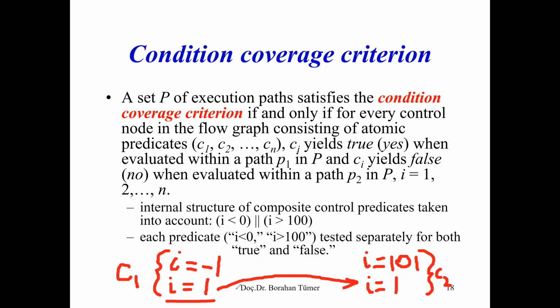As you see, we have used 3 test cases in total to cover both conditions, true and false values. How did that happen?